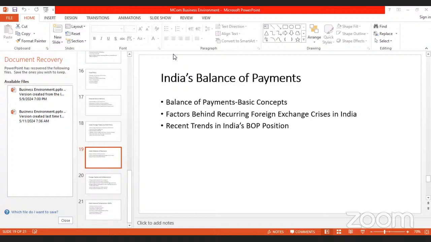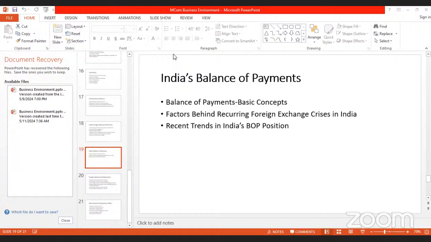India's balance of payment position reflects the interplay of various domestic as well as global factors. While the country has managed to navigate recurring foreign exchange crises through policy reforms, diversification of export markets, and prudent reserve management, it remains susceptible to external shocks.